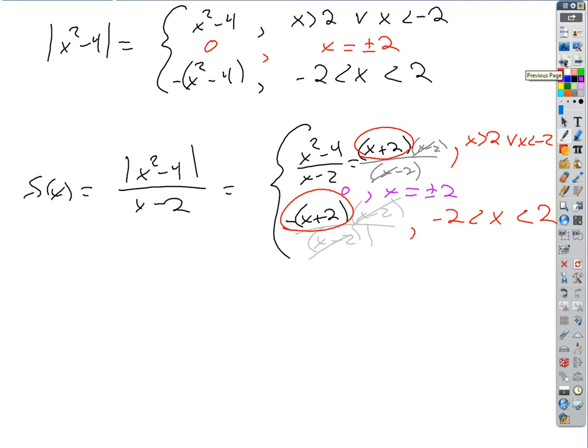Our left-handed limit. We approach 2 from the left. Which domain am I on here, top or bottom? No, let me make sure that's the question we were answering.